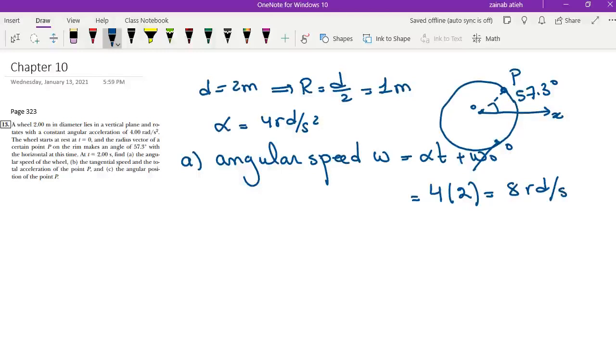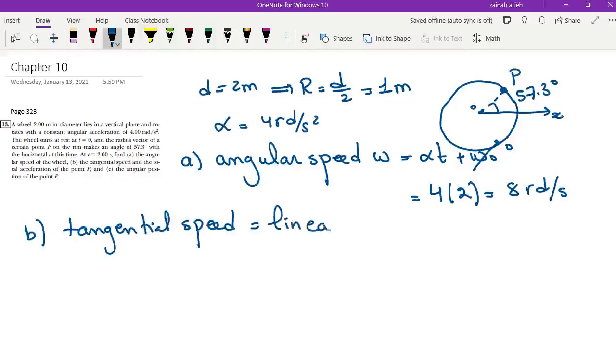In part B, he asks us to calculate the tangential speed, the tangential acceleration, and the total acceleration of the point P. So the tangential speed is sometimes called linear speed. It is the speed, so it is v.